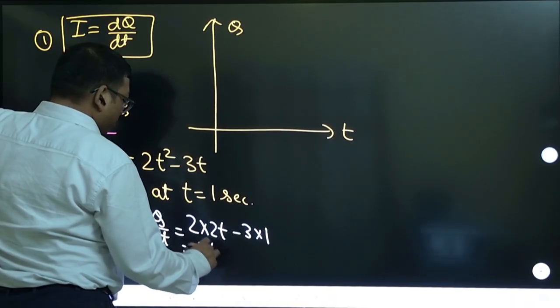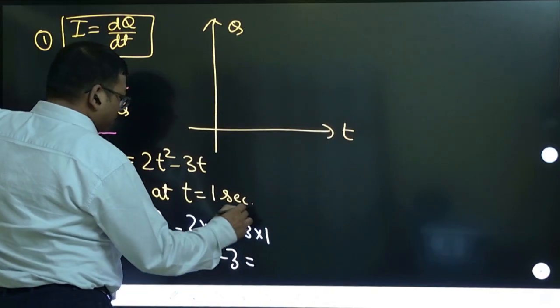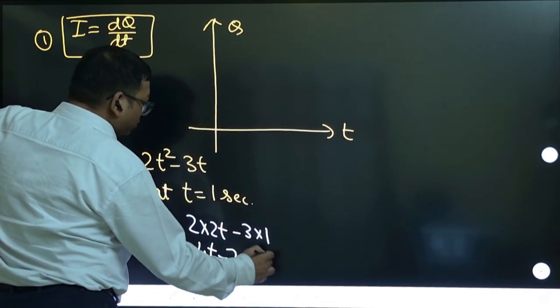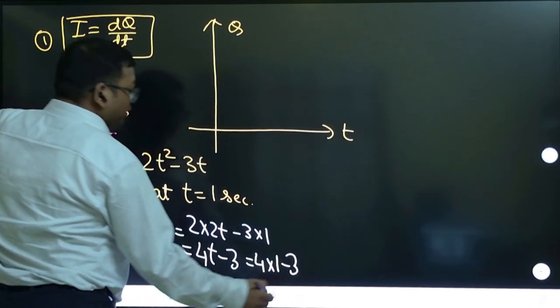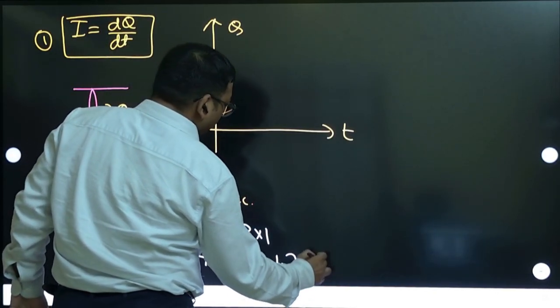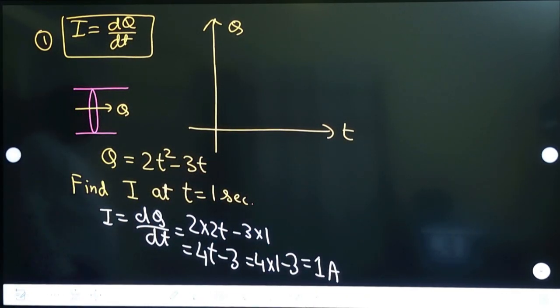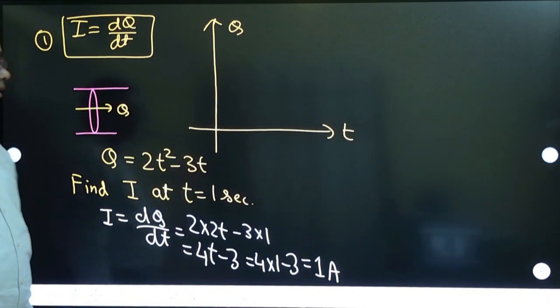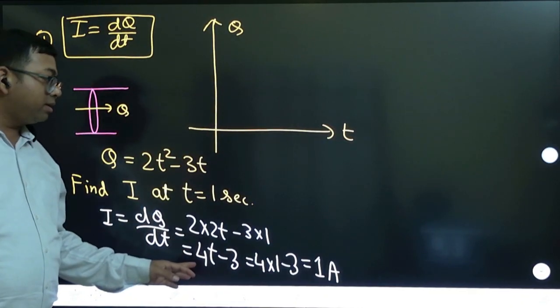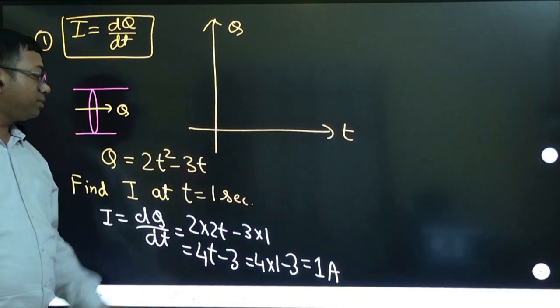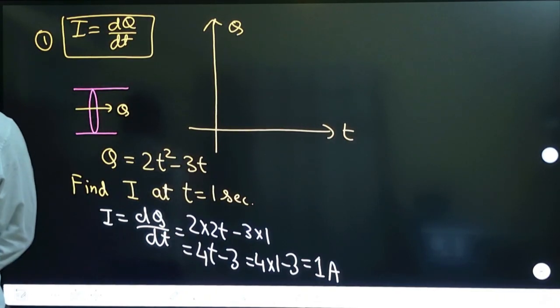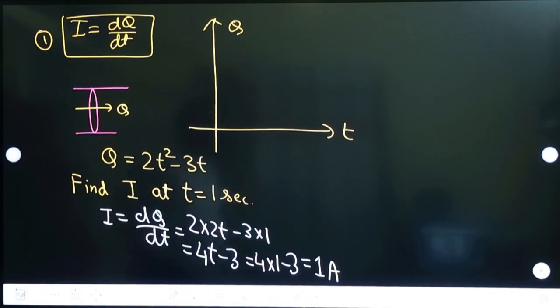So 4t minus 3. At time 1 second, 4 into 1 minus 3, so you will get 1 ampere. So the current at 1 second in this wire is 1 ampere. Clear? This type of questions you can solve.